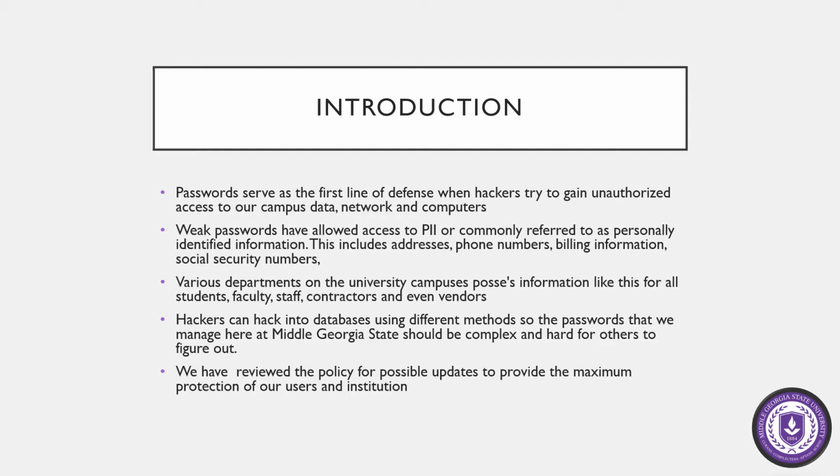This includes addresses, phone numbers, billing information, and social security numbers. Various departments on the university's campuses possess information like this for all students, faculty, staff, contractors, and even vendors.